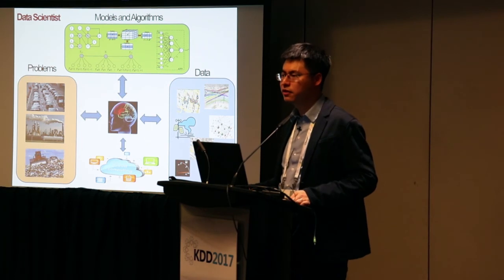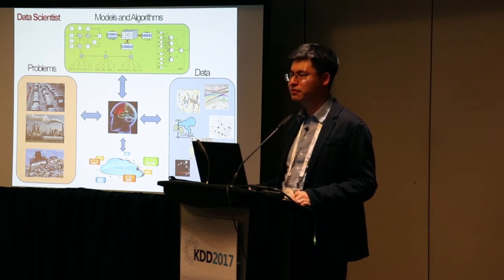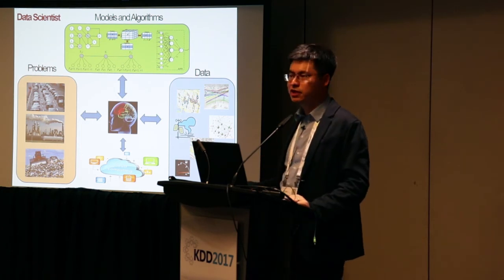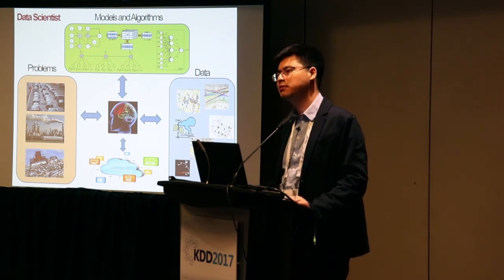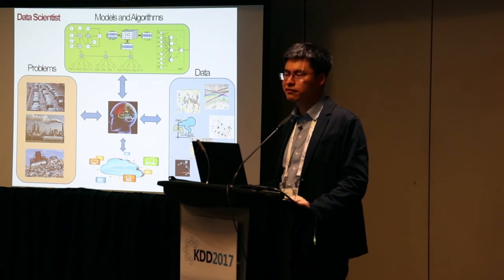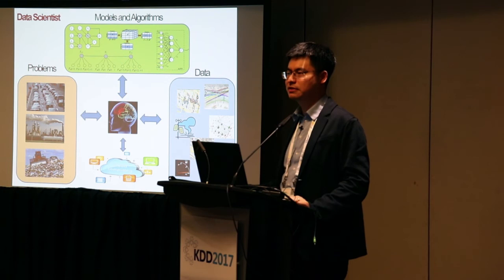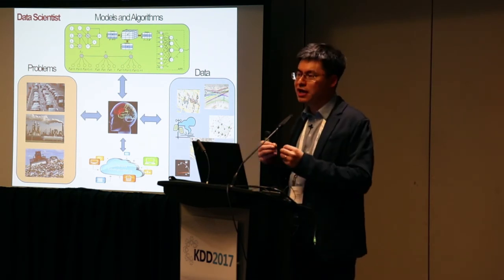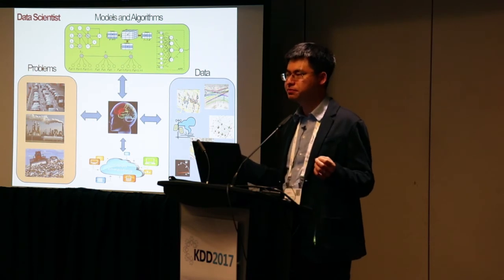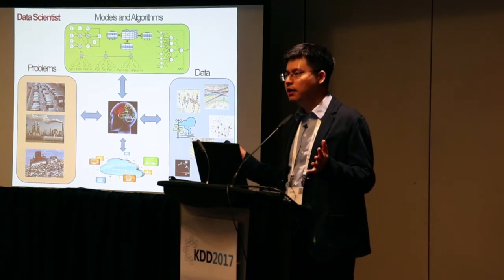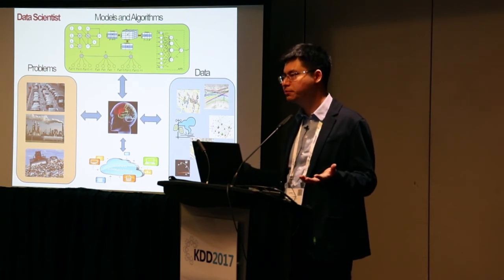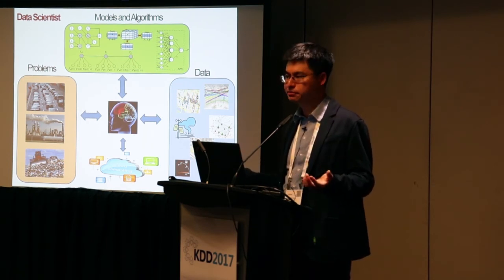Then you need to understand their domain knowledge very well. So that's the first point. And second, you need to have a deep understanding of the data. Not only the format of the data, but also the insights implied by the data. For example, GPS trajectories of taxi cabs indicate not only the travel speed on a route segment, but also human mobility patterns.